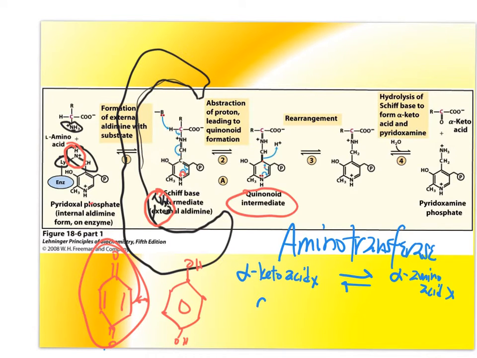That's going to be glutamate, going to make alpha keto glutarate. That's why it's reversible. That's why with amino transferases, you can't get rid of that nitrogen from a glutamate using amino transferase, because every single amino transferase uses glutamate. So glutamate has to have something special.